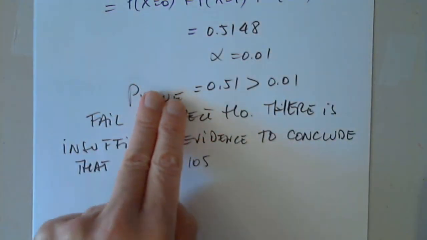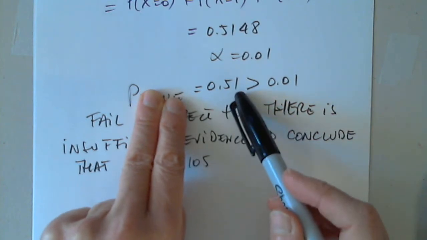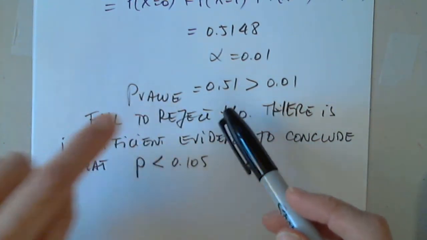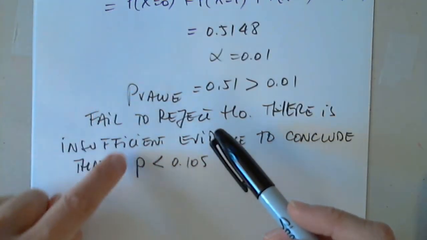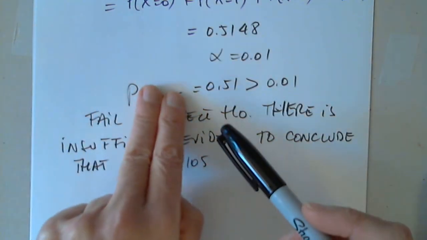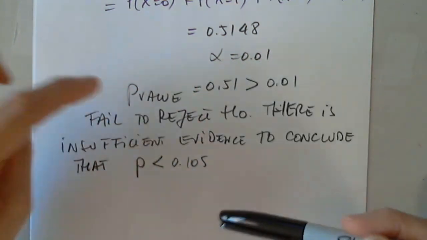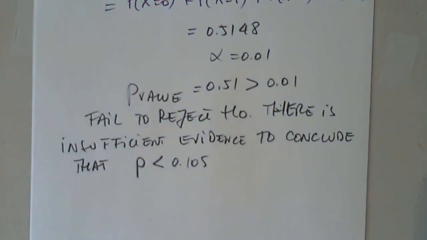So you cannot say that the p is 0.51. You have to write p-value, not to be confused with the population proportion, because it kind of looks the same. So do not ever omit the word value, because you may say that this is this, and that will be a mistake.